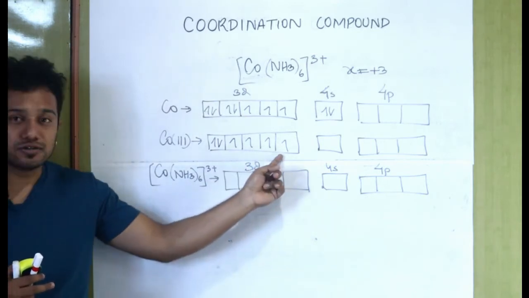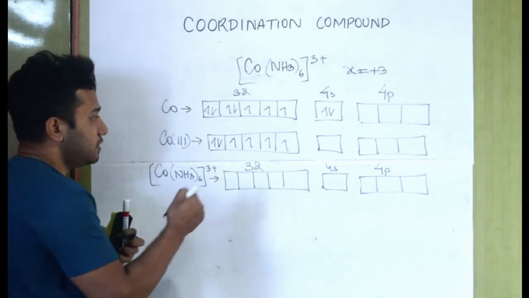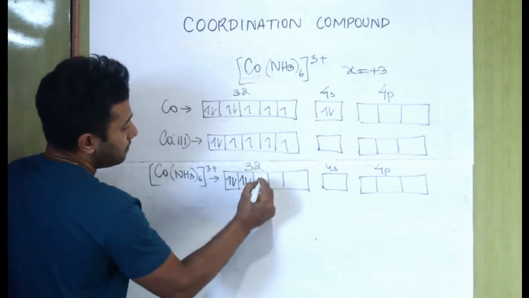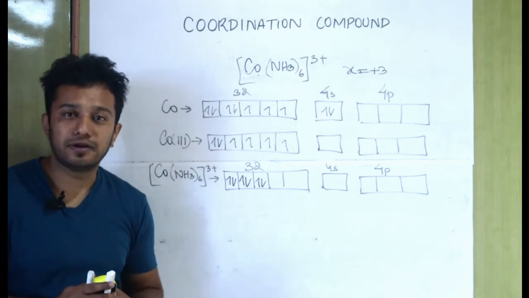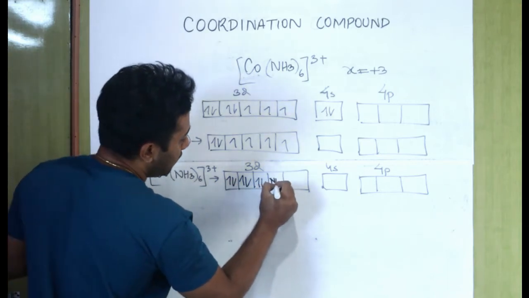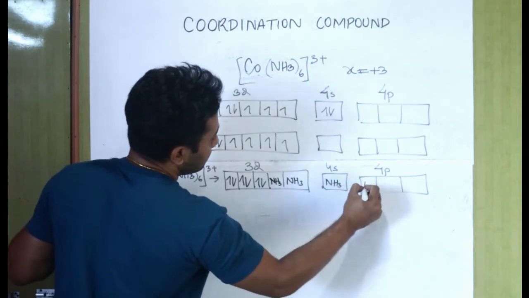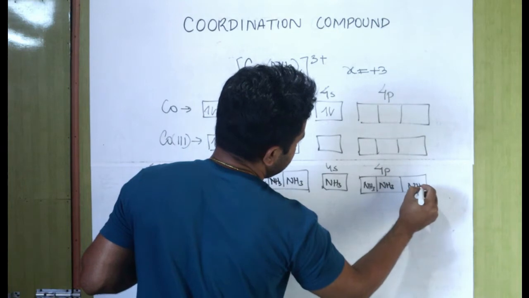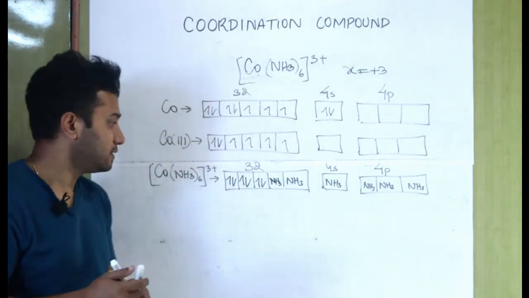All these single electrons will pair themselves up again. This is already paired, these two will pair up, and these two will pair themselves up. Whenever it is a strong ligand, they will pair themselves up. So now we have 6 NH3: NH3, NH3, NH3, NH3, NH3.